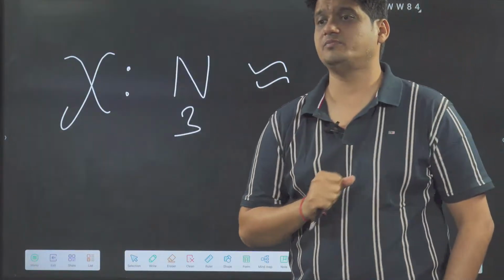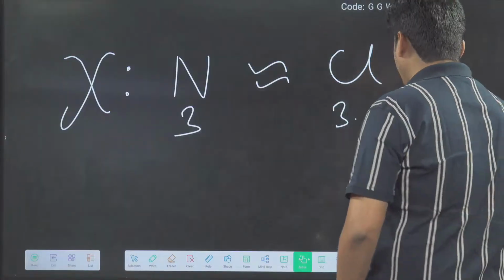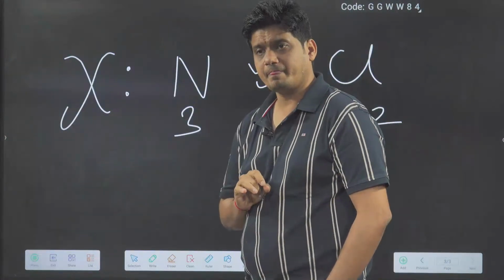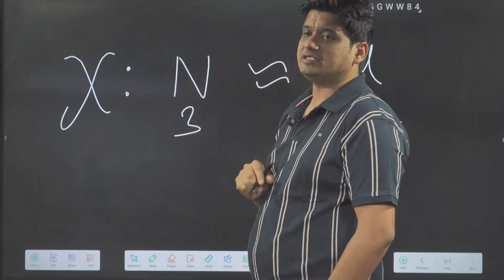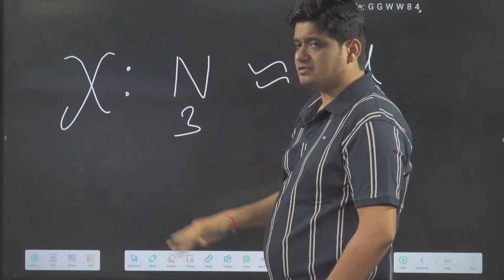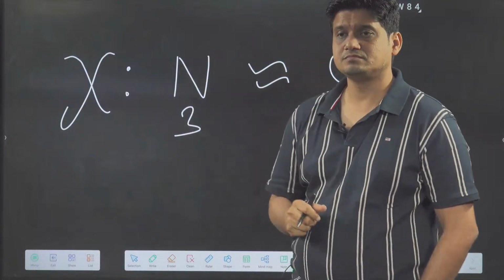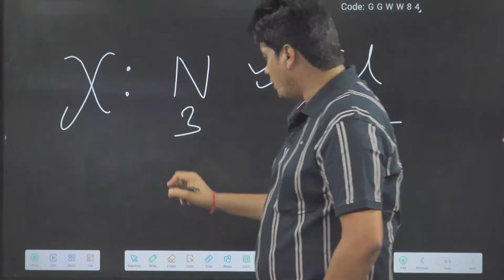Why is this discussion important? Because if you read your periodic table NCERT, they are writing 3 and 3 for both.